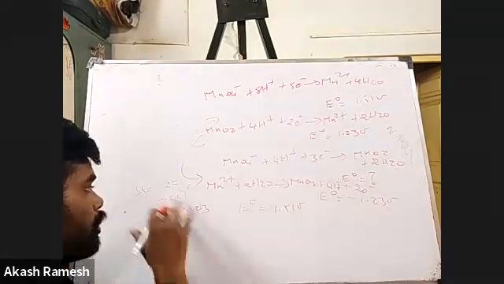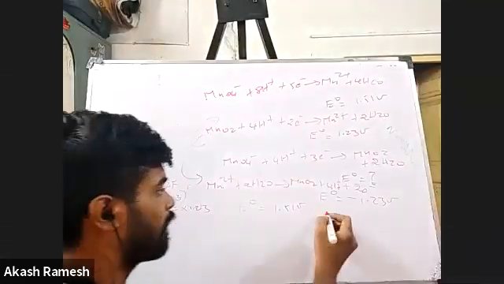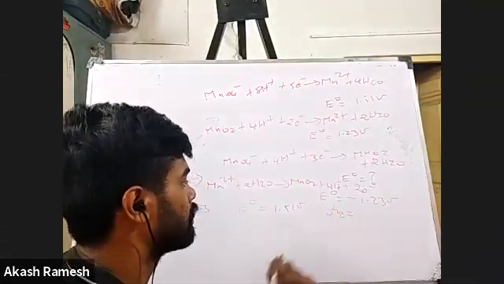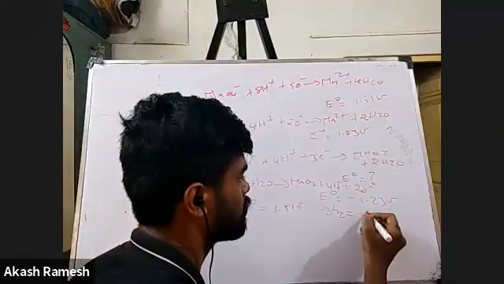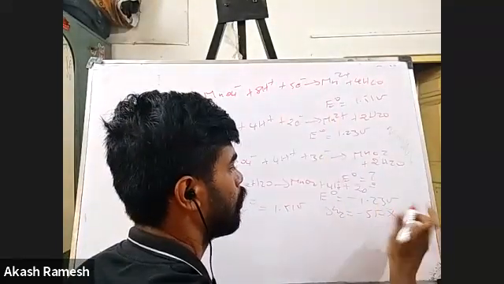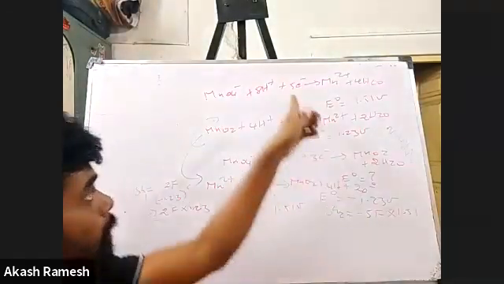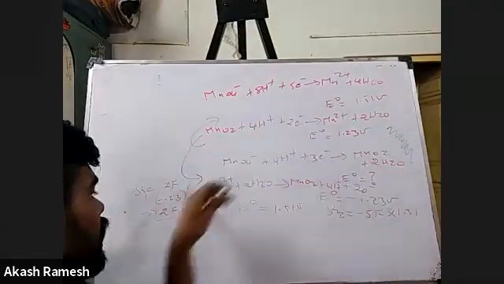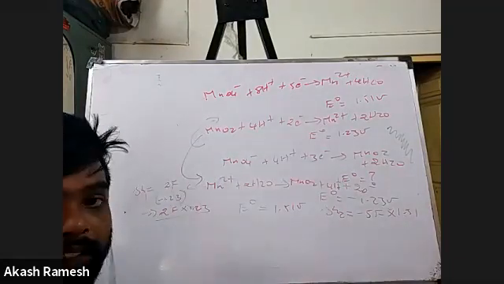Now for this reaction, delta G2: how many electrons here for the first equation? 5 electrons. So it is minus 5F into 1.51. This is for the first equation, and the second equation I have reversed.